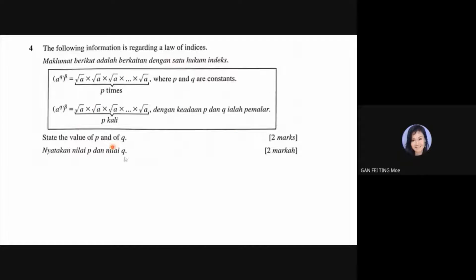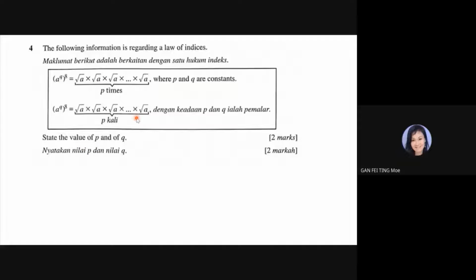Why did they get this one wrong? Because they have forgotten the concept, and it's very simple, right? They go for drilling. They use reference books, workbooks, just copy, paste, and they have forgotten the basic concept. Okay, right?